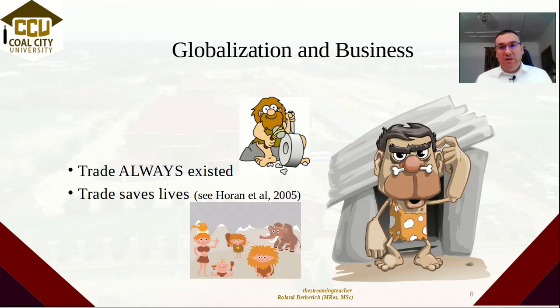So early humans got together in bigger numbers beyond the immediate family and created tribes, for example, or villages, cities, and so on, and started specializing in doing things.